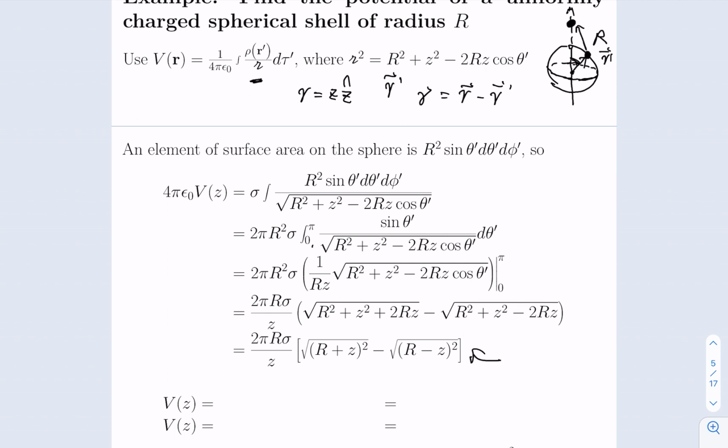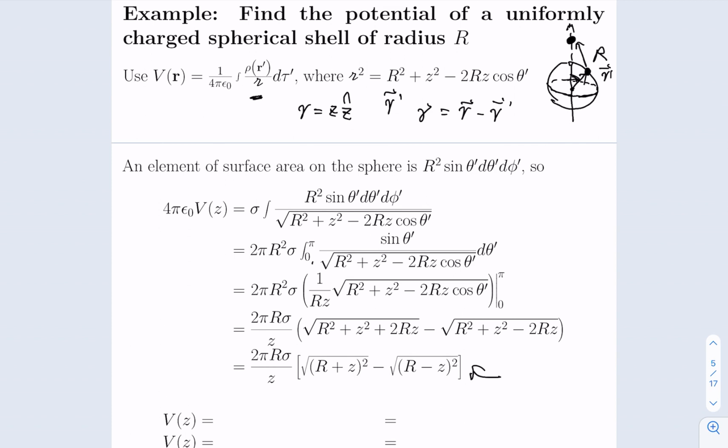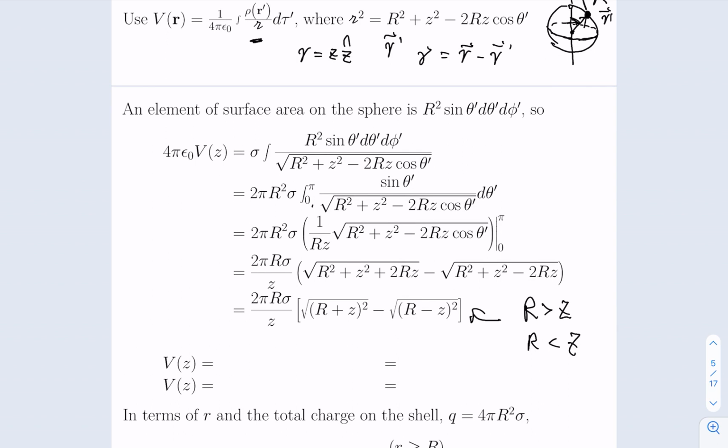You have to pay attention to the second term because, depending on the point of interest, r might be larger than z if we are looking at the potential inside the shell, and r might be smaller than z if we look at the potential outside the shell. So this expression really takes two signs, and it could be r minus z or z minus r.